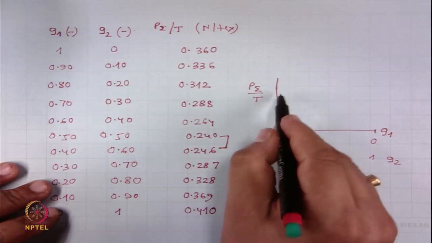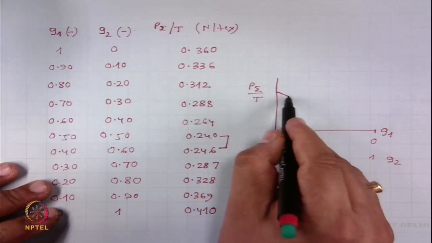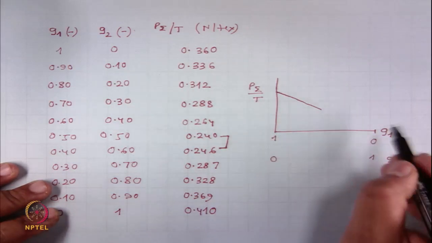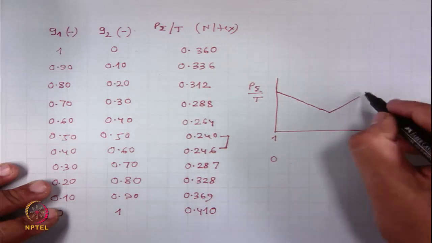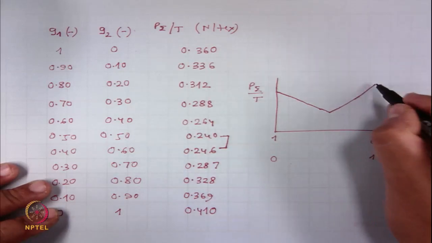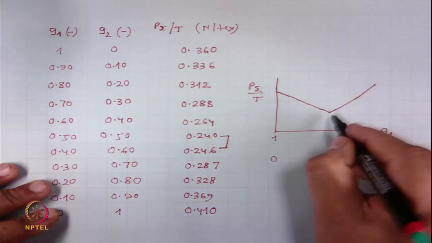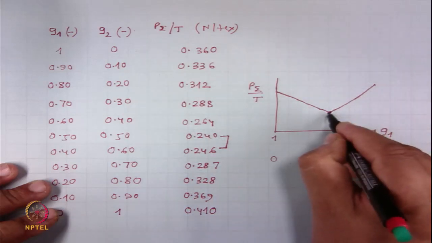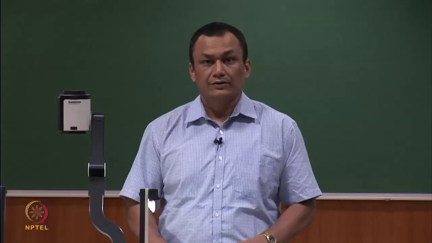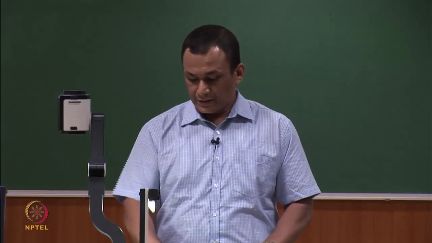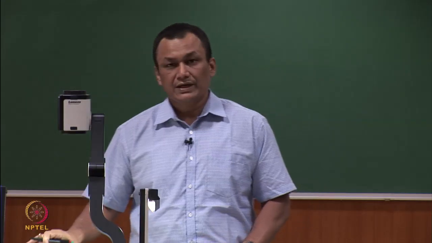So, it starts decreasing somewhere here, again it starts increasing. This is the critical blend ratio. This we obtain from this numerical example.